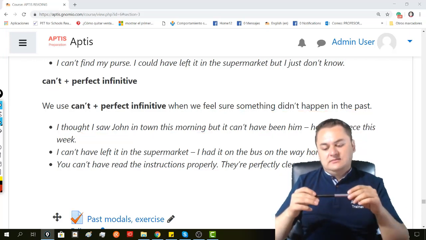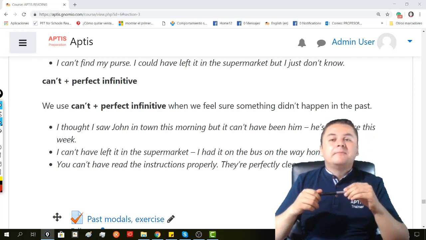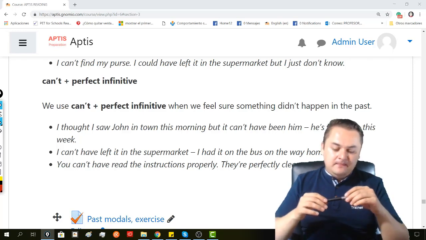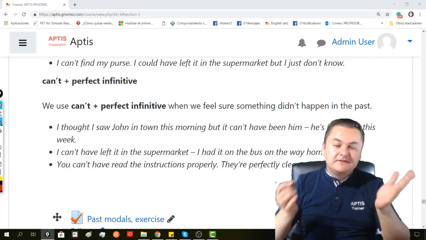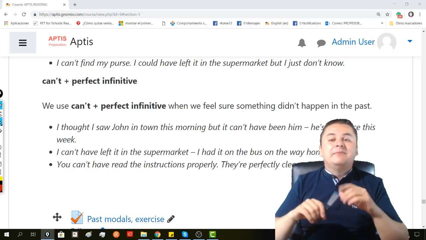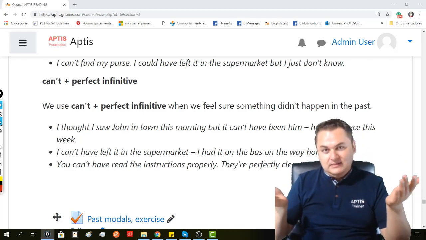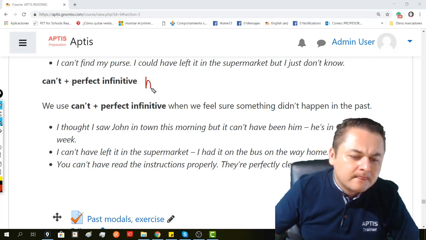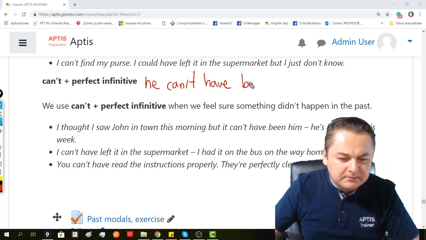For instance, let us think about an example, okay? Somebody says, they saw my brother driving an expensive car. And I am 100% sure it is not him. So I say, he can't have bought it.